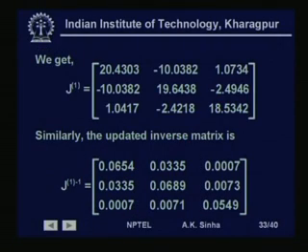Another very important aspect is that the Jacobian matrix that we have here, since it is a 3 bus system and all the buses are connected to all other buses, is a full matrix. But in general the Jacobian matrix will be a sparse matrix, just like the Y bus matrix, because all the buses are not connected to all other buses in a large system.